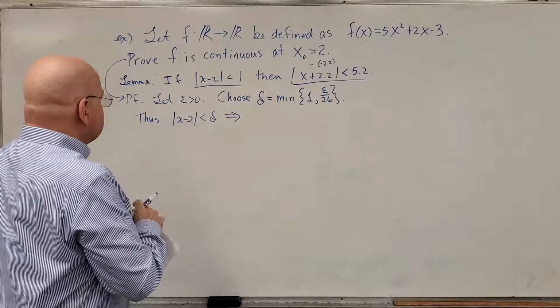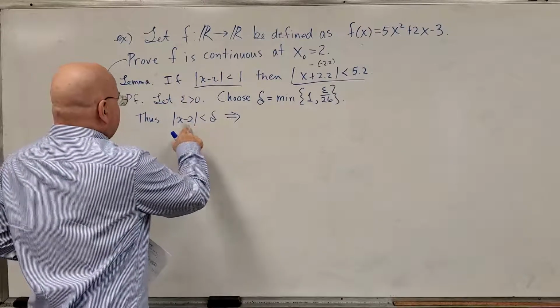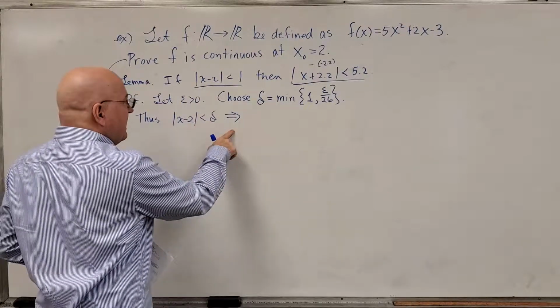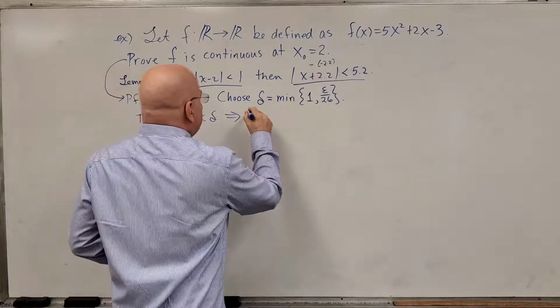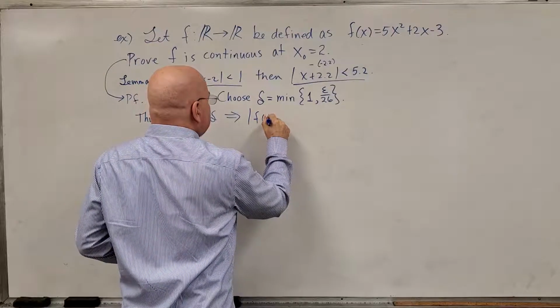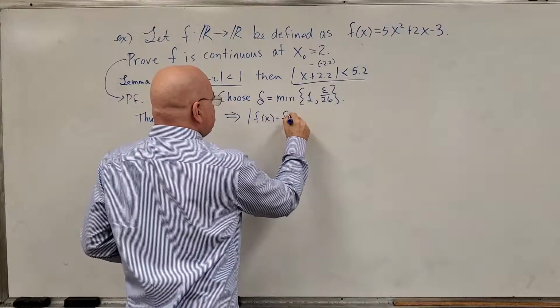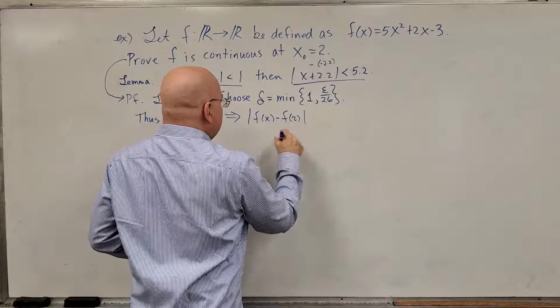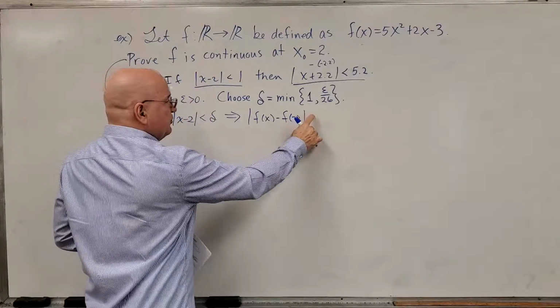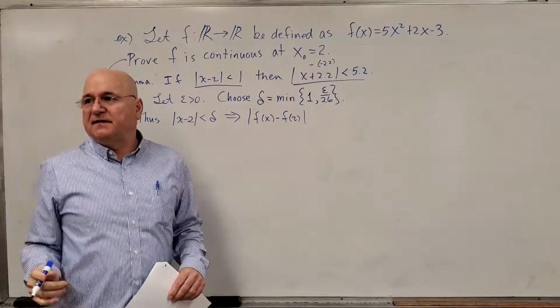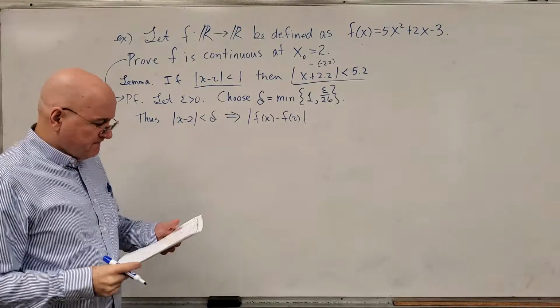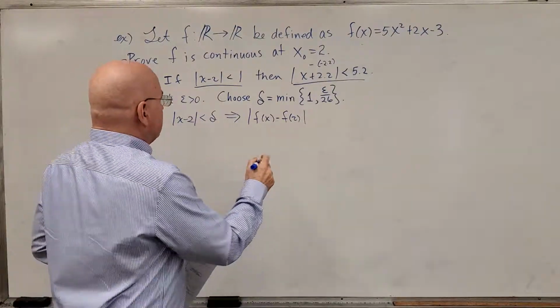Okay, so we've got this, which implies what I want is f of x minus f of x naught, which is f of 2. And somehow with some algebra, I need to prove that this is less than epsilon, and then we'll be done. Well, let's write out what that's equal to.